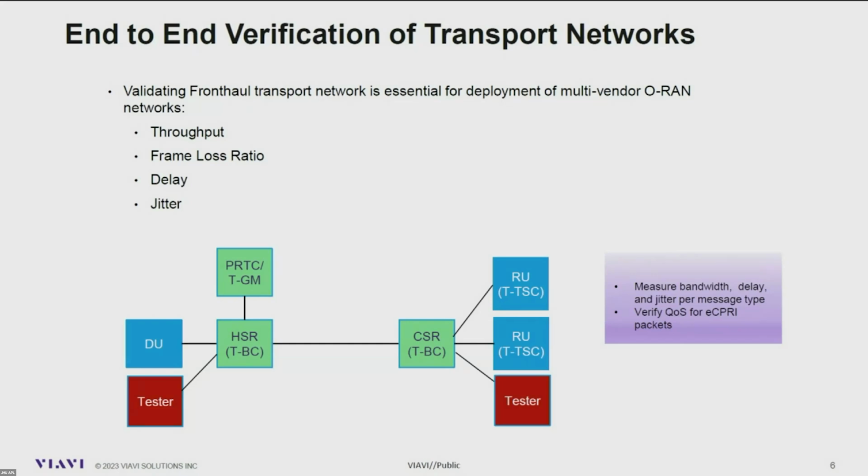They are defined in O-RAN, we have thresholds for them, and they can be verified. This way, you know nothing goes wrong in your transport network, especially when you have congestion and burst traffic, which can really impair your service.